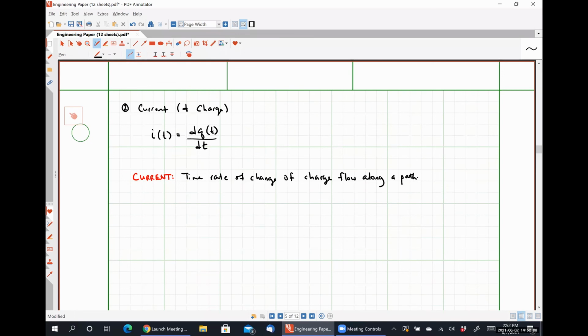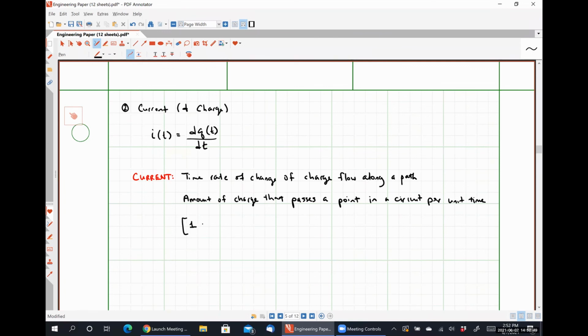A second definition for current, which is one that was probably more used in your Engineering 120 series, is that current is the amount of charge that passes a point in a circuit per unit time, which gives rise to our units for current.